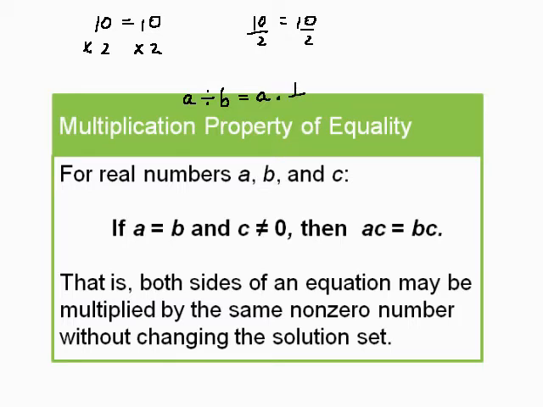Wait for it, the reciprocal of B. A times 1 over B. So notice over here, we would get 5 equals 5, but we could have also said 10 and multiplied both sides by 1/2 instead of dividing by 2 to get the same statement. So the multiplication property of equality encompasses both multiplication and division, since you can write division as multiplication. So only 2 properties to deal with in this section.